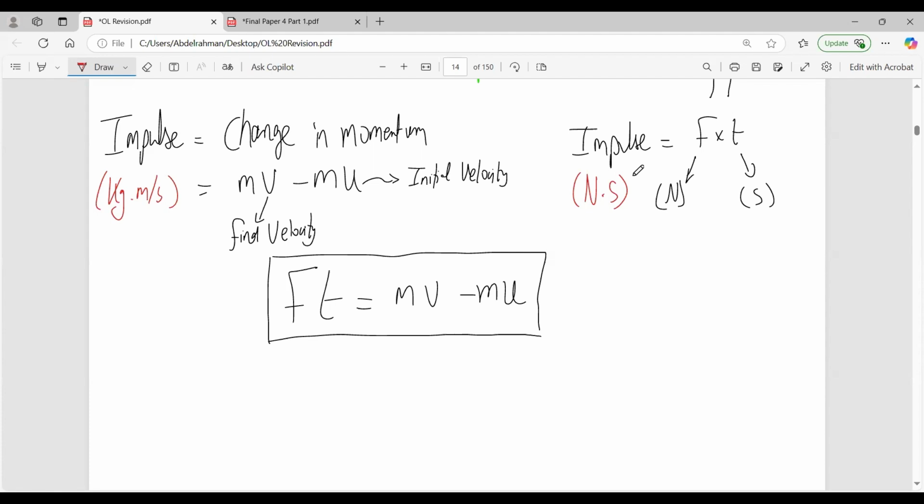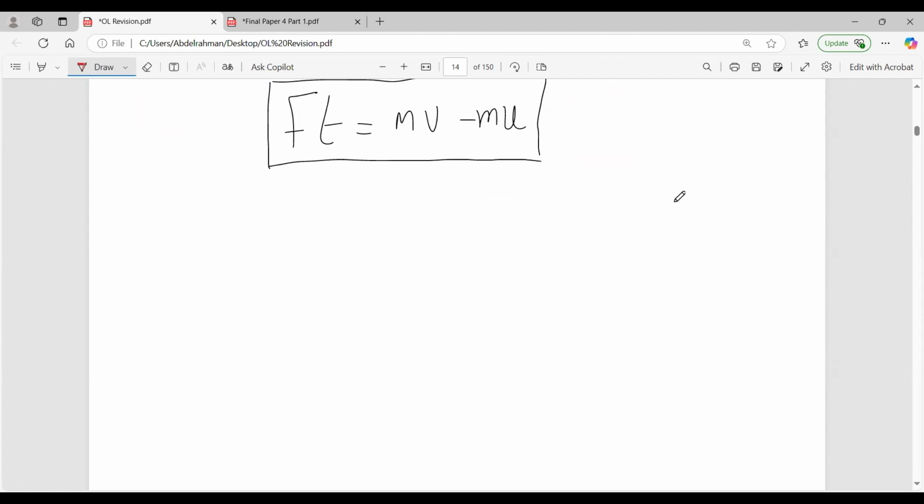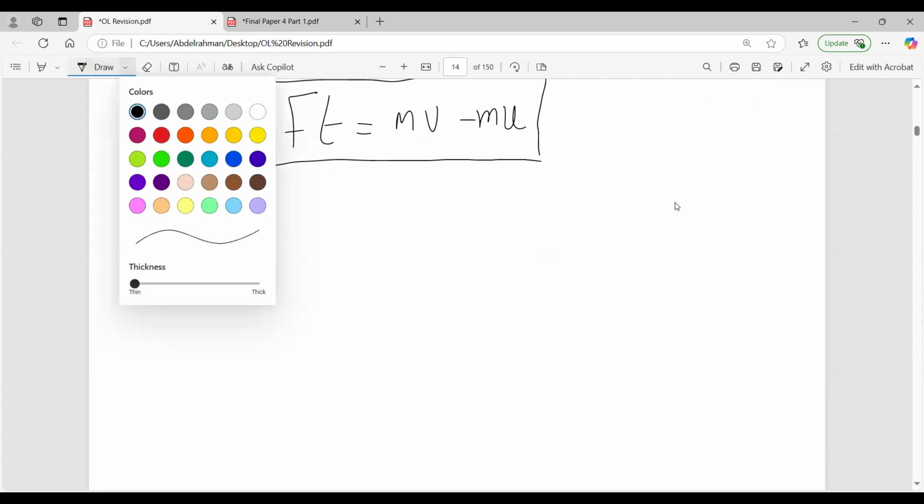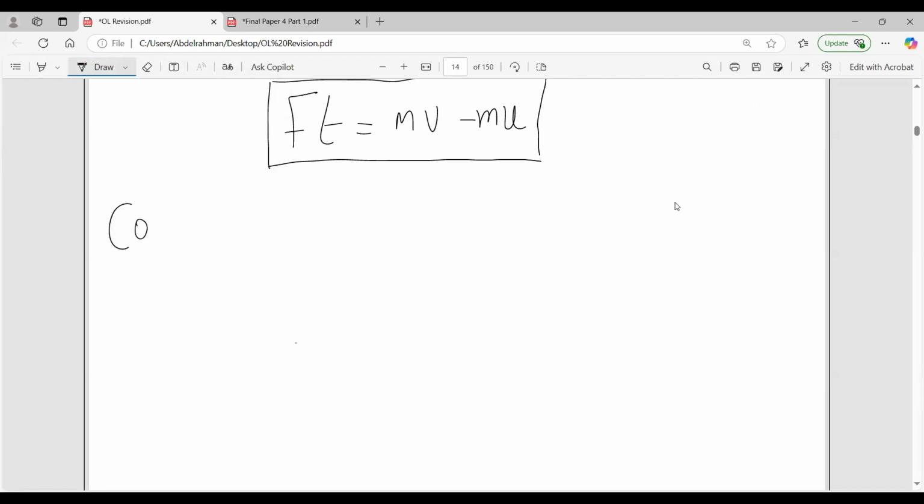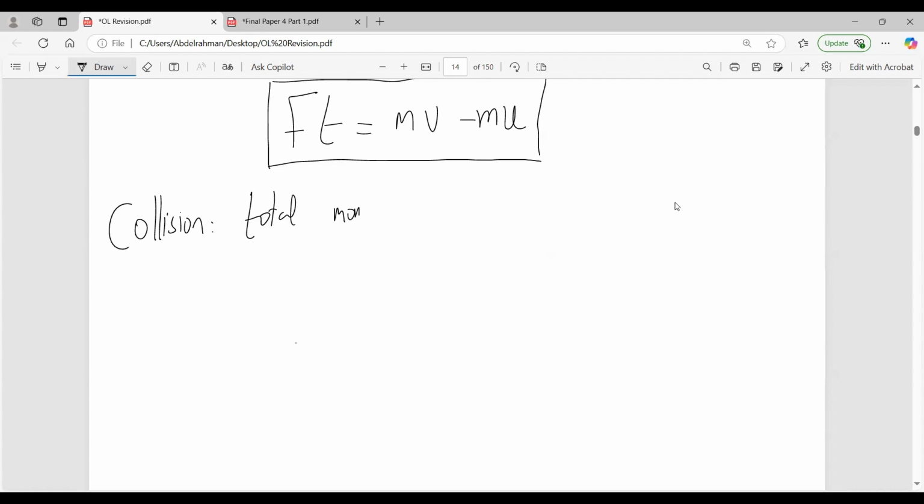What happens if you have two objects? These two objects collide. In collision, we say that the total momentum of these objects is conserved.